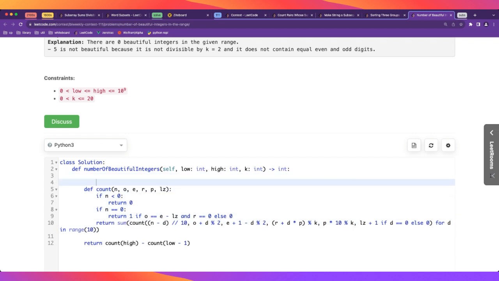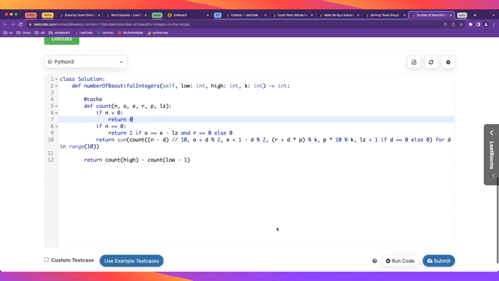And we want to memoize this, and that's all.